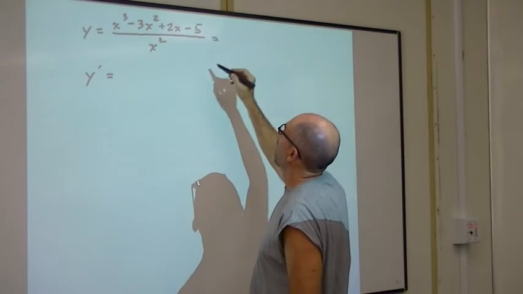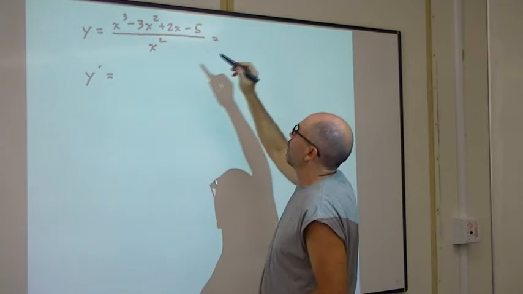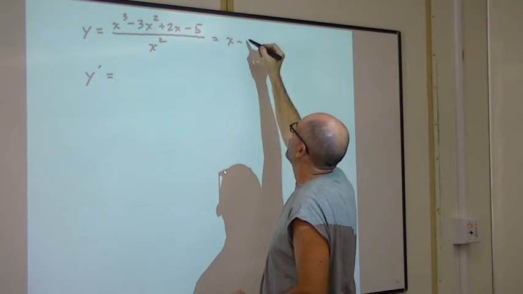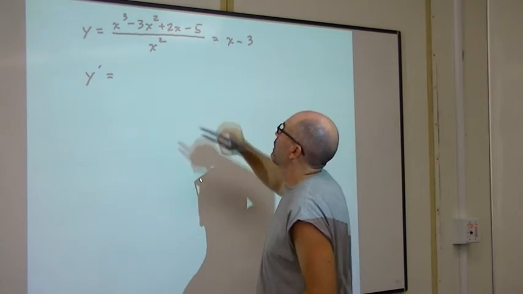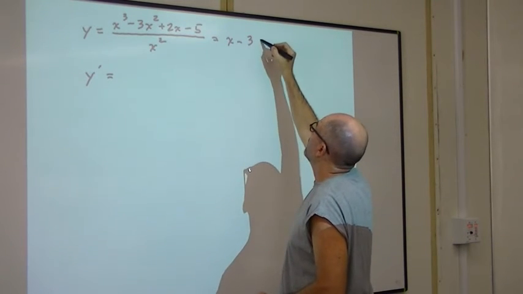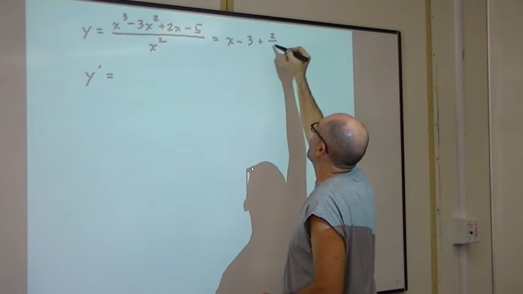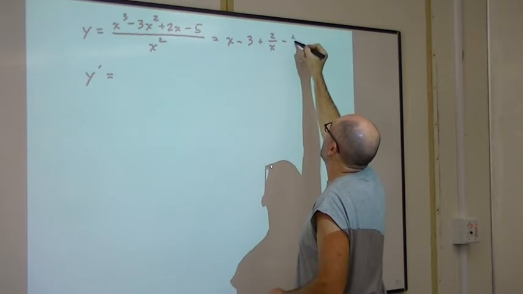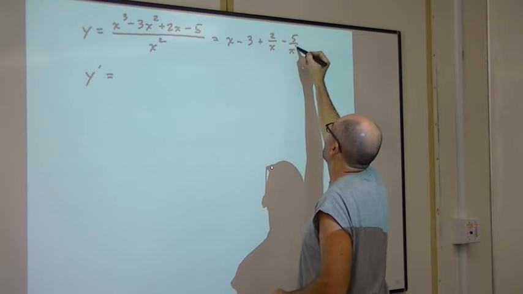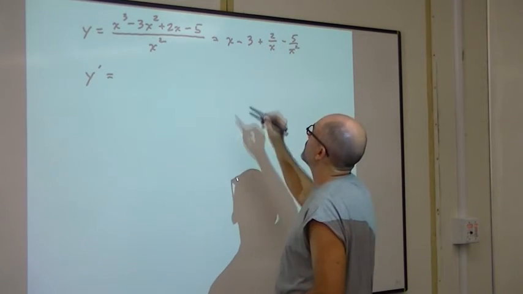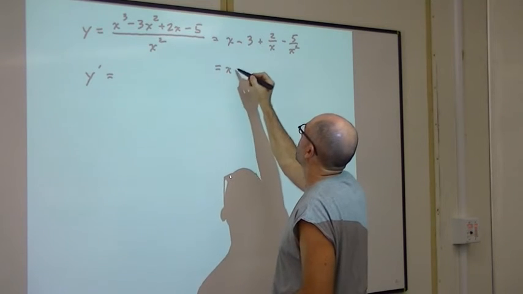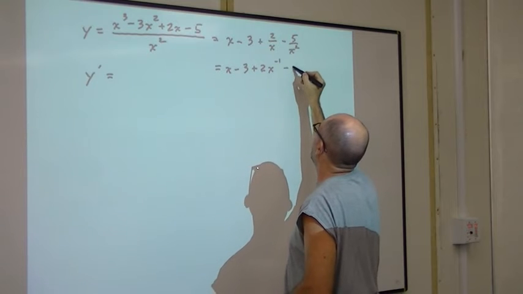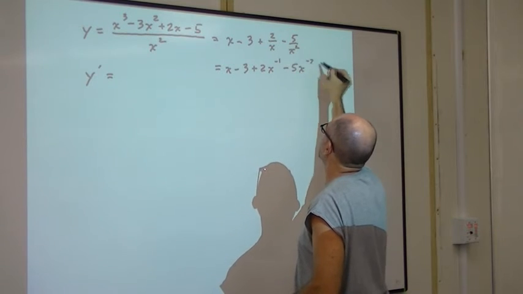Notice if I simplify this, x cubed over x squared is just plain x, minus 3x squared over x squared is just minus 3, plus 2x over x squared, which is just plus 2 over x, minus 5 over x squared, which then equals x minus 3 plus 2x to the negative 1 minus 5x to the negative 2.